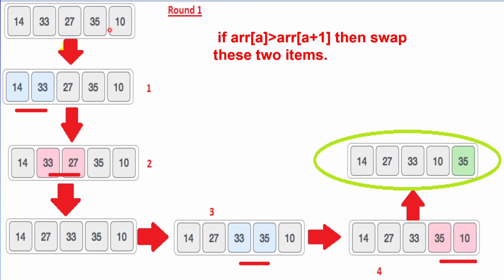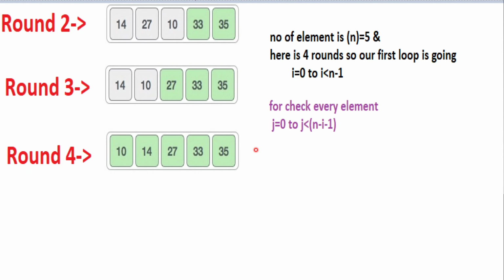I will show round two after completing all these steps. This is round one: first step, second step, third step, fourth step. It means that every round has 4 steps. After calculating the 4 steps for round two, we get the array 14, 27, 10, 33 and 35.